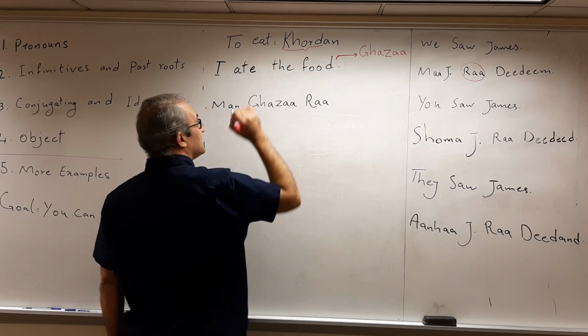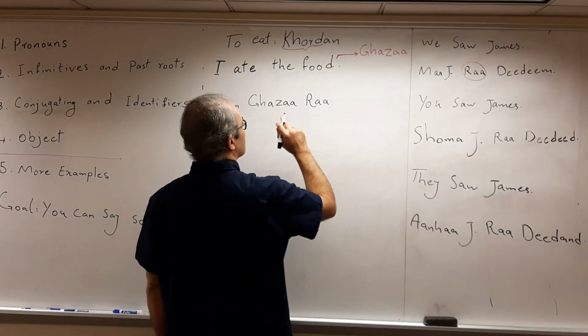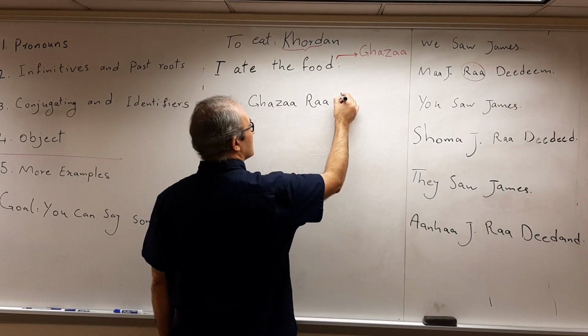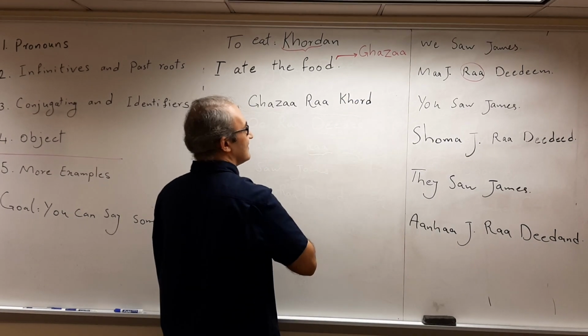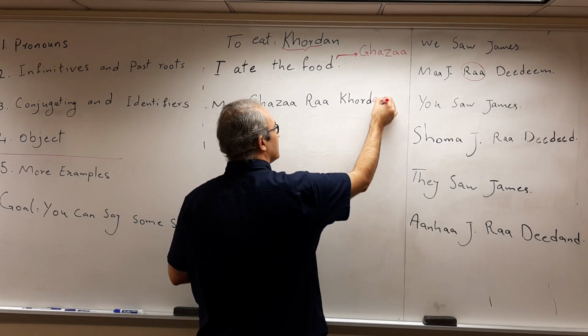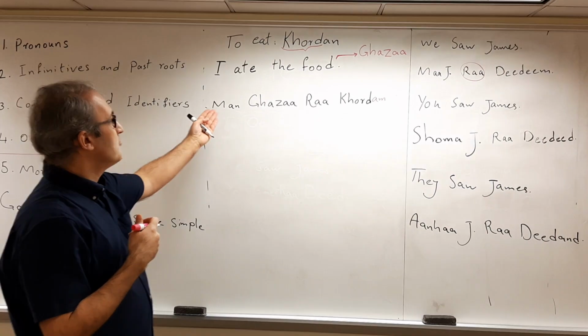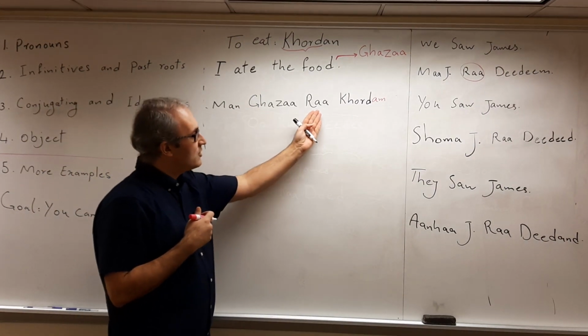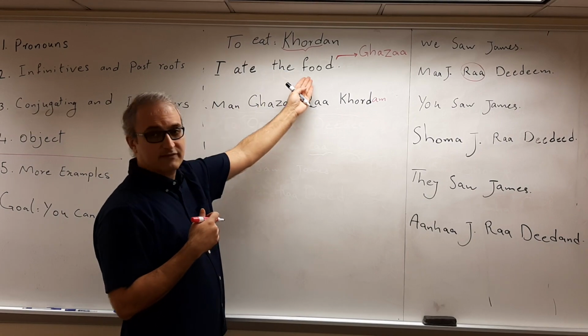So the root is khord. Man, gazara, khordam. Identifier for man, for I. Man, gazara, khordam. I ate the food.